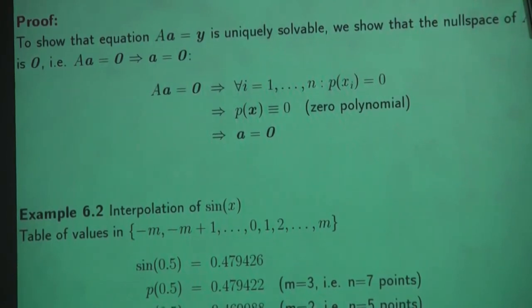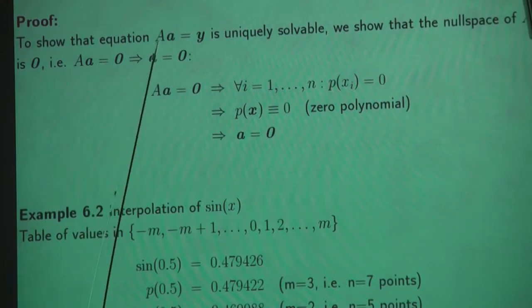What we do now is we show that the null space of this matrix A is the 0 vector. And this is equivalent to the system having a unique solution. Because if the null space were bigger than just the 0, then the system wouldn't have full rank, and then it wouldn't have a unique solution.